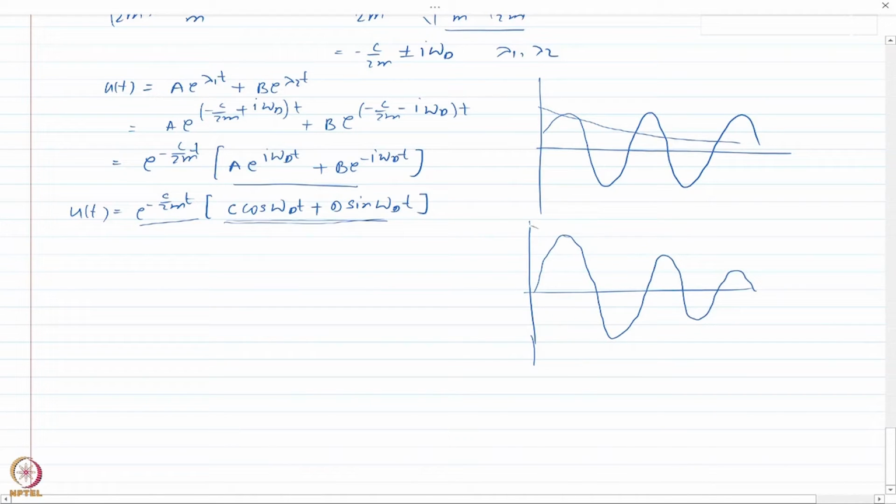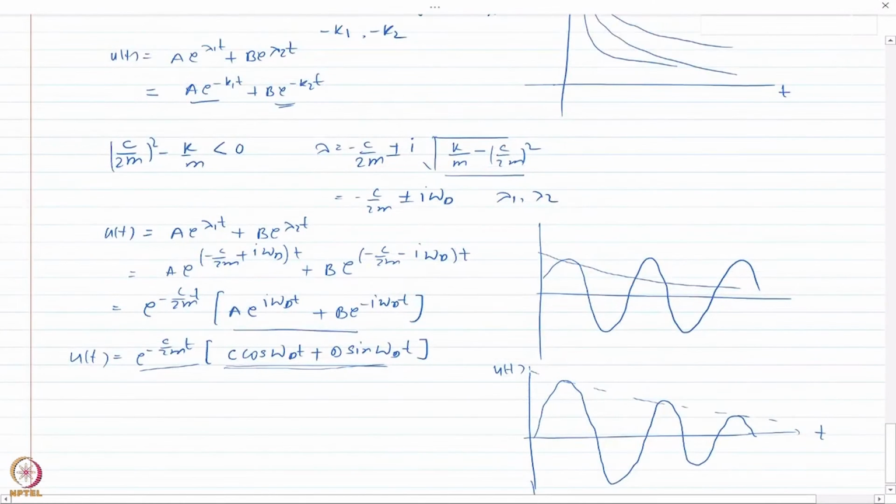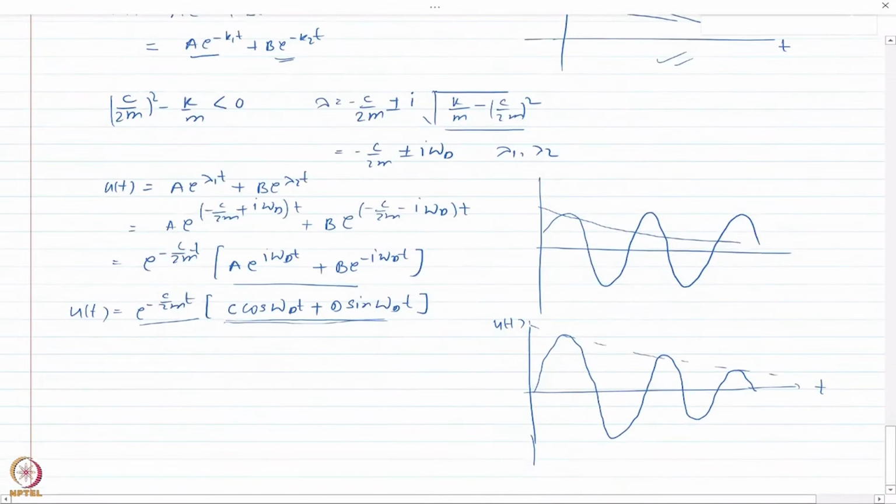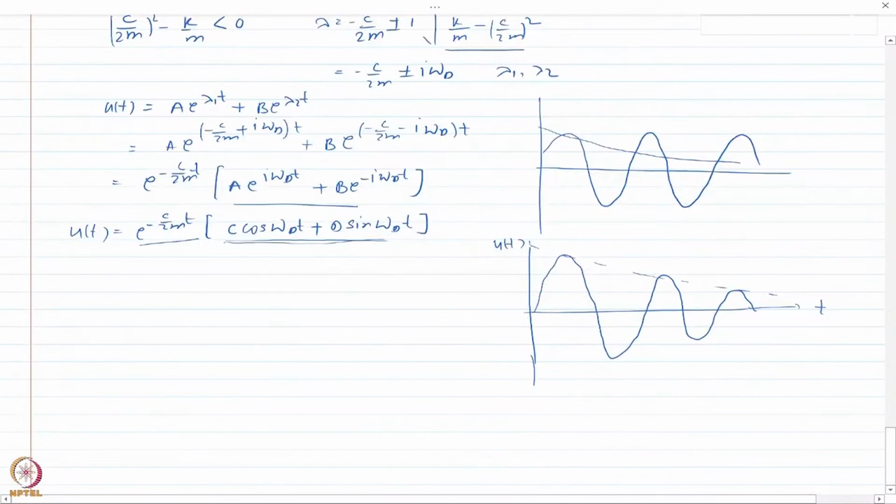So the amplitude is decreasing, and this is my u of t, and this is t on the horizontal axis. This is the plot of this function. Now compare this to the function I had here. I did not have any kind of oscillation there. However, in this case, I get an oscillation because of the sine and cos terms that I have here.